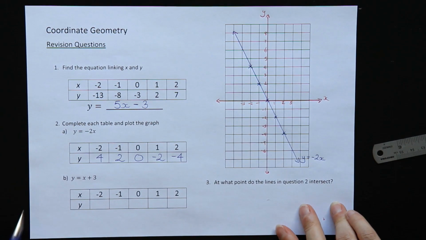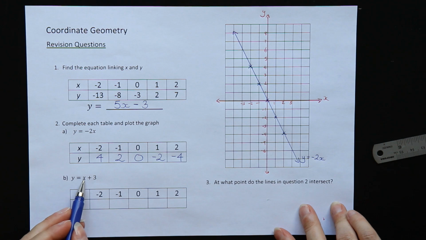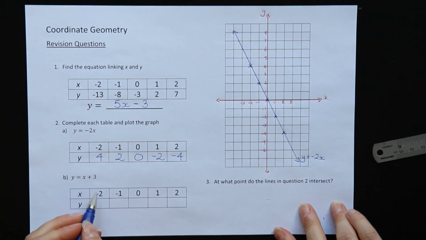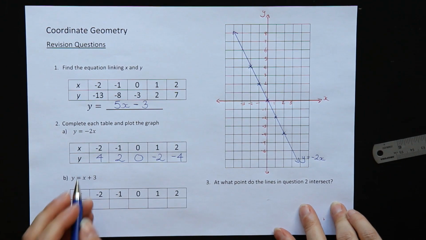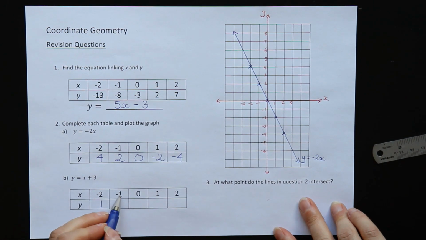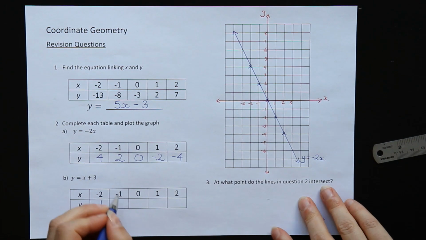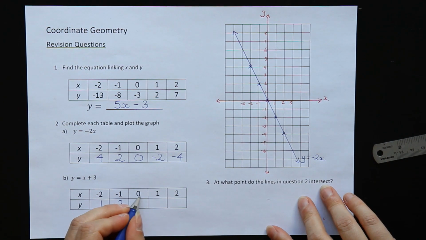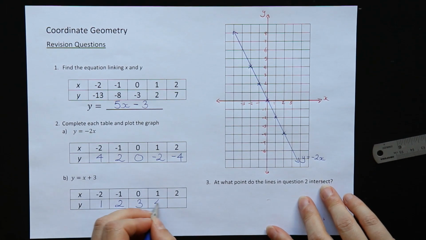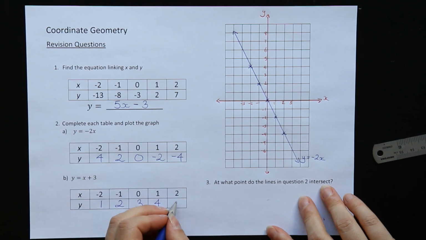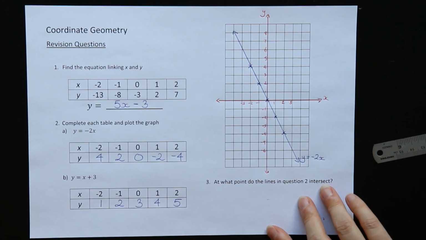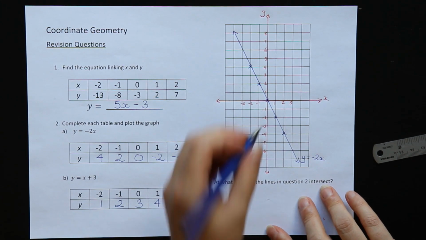Okay, let's look at the next one. y equals x plus 3. Negative 2 plus 3 gives me 1. Negative 1 plus 3 gives me 2. 0 plus 3 is 3. 1 plus 3 is 4. 2 plus 3 is 5. Let's plot those points.